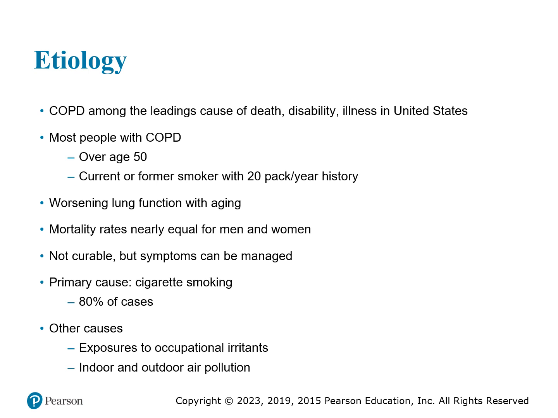COPD is not curable, but the symptoms are managed. Cigarette smoking is the major risk factor and accounts for 80% of cases. Other contributing factors include exposure to environmental factors such as air pollution and coal mining, as well as other respiratory irritants.